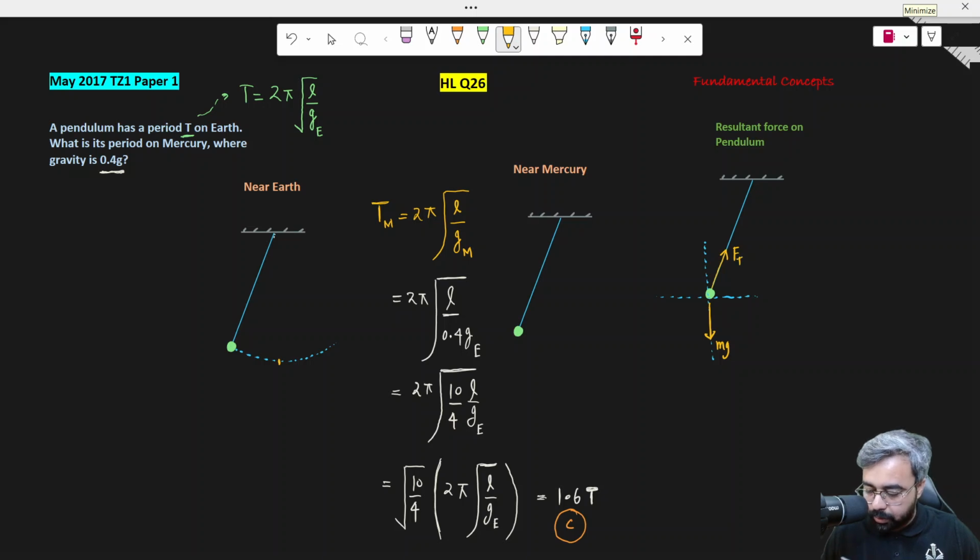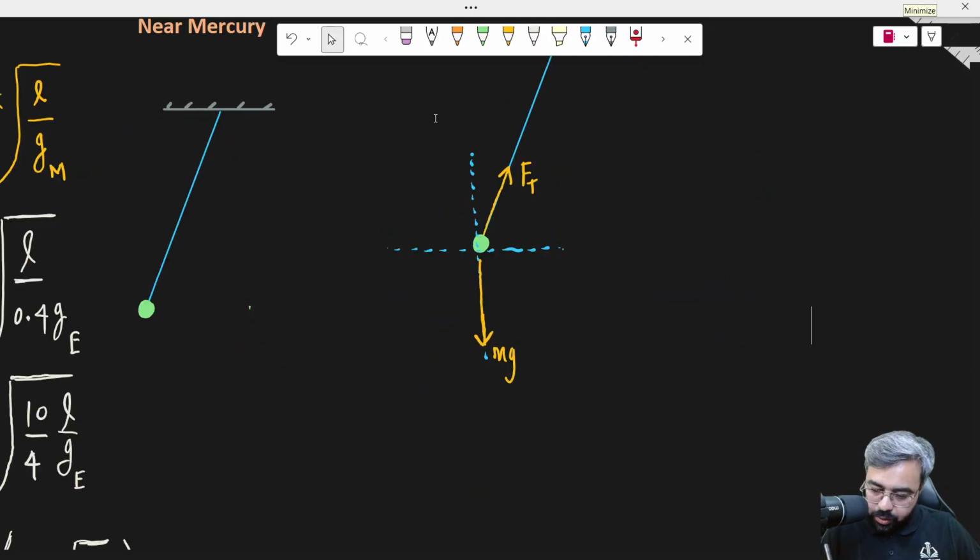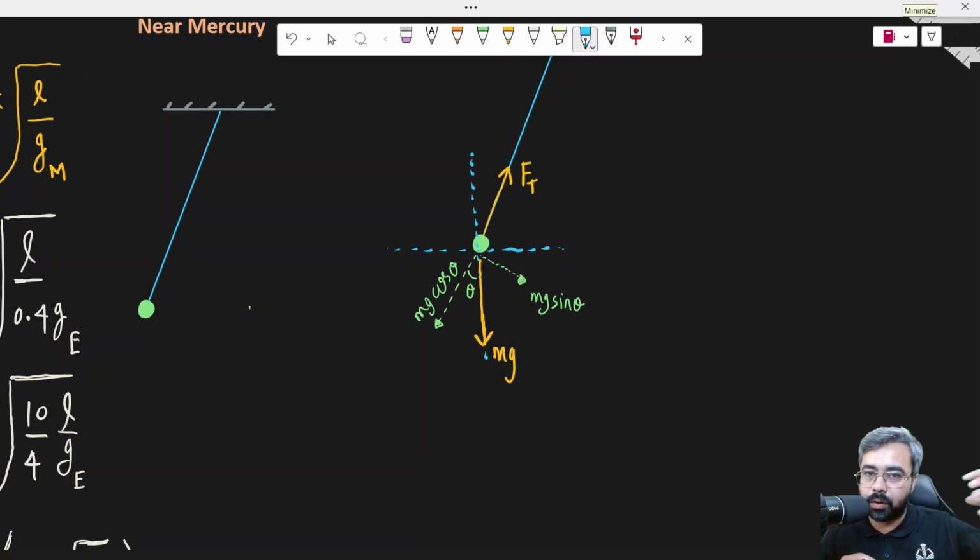If you make components of mg, dear students, there are two components. One component is in this direction, and the other component is perpendicular to it. This is theta, so this is mg cos theta, which is going to cancel or balance with the force of tension, and this is mg sin theta. The important thing is that this force mg sin theta is the one pulling the object towards the equilibrium position.